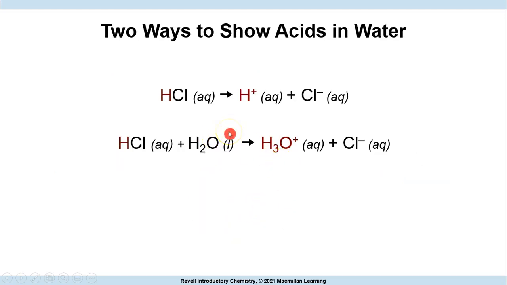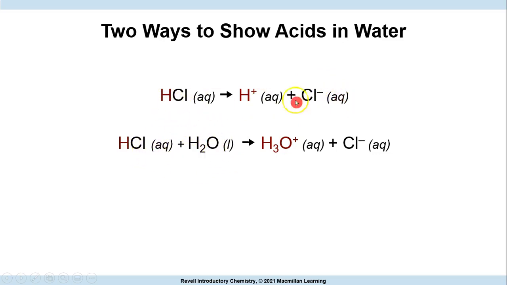Now let's look at two ways to show acids in water. The first way is like you take hydrochloric acid, if you dissolve it in water, it's going to produce a hydrogen ion, which is called a proton, and the chloride ion. As well, you can include water in the equation.